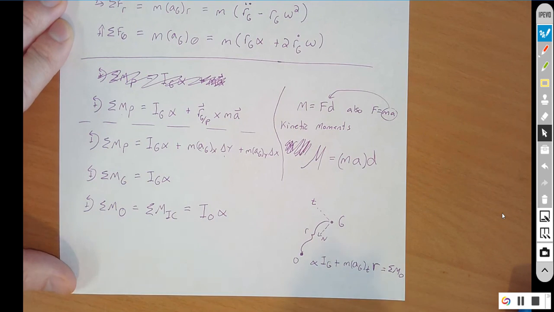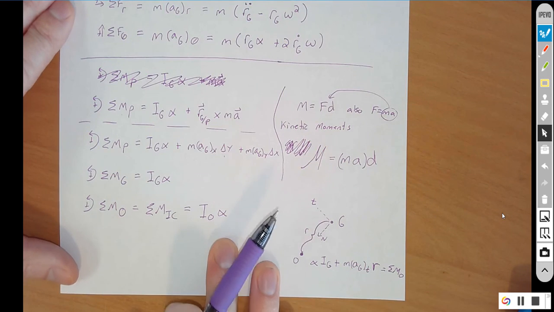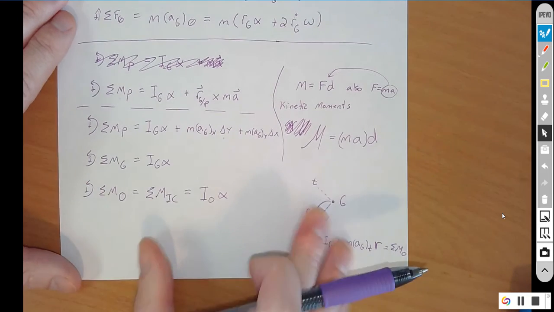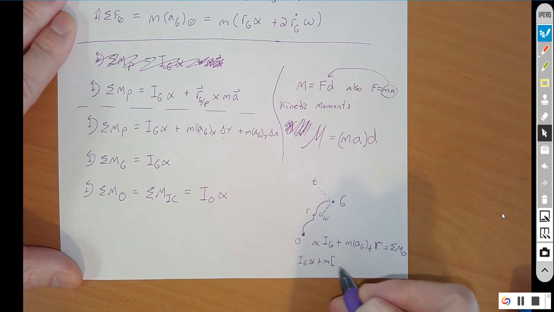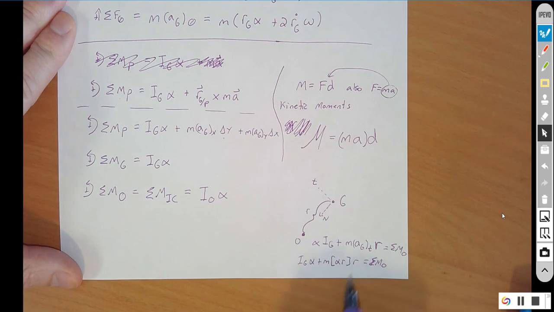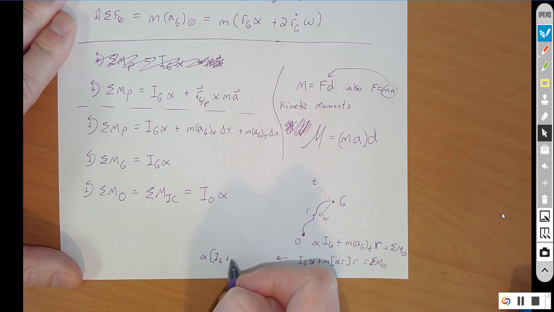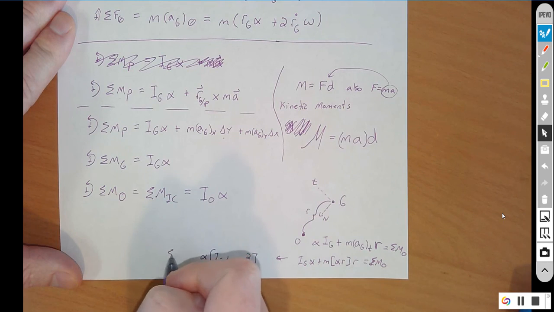Then I sub in for AG, the acceleration of the center of gravity in the tangential direction, and do the same thing that I did up here, where it becomes alpha times R. So we end up with IG times alpha plus mass times alpha times R, times R, equal to the sum of the moments about point O. If I clean this up, I have a common alpha, and I get IG plus mass times radius times radius, which is radius squared, all equal to the sum of moments about O.